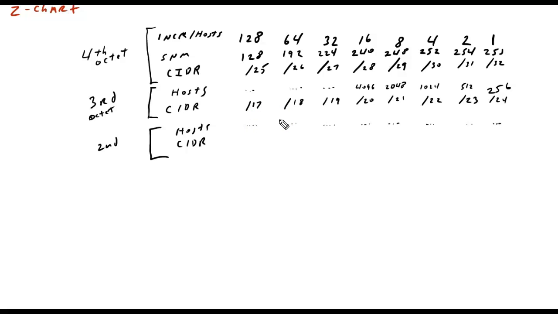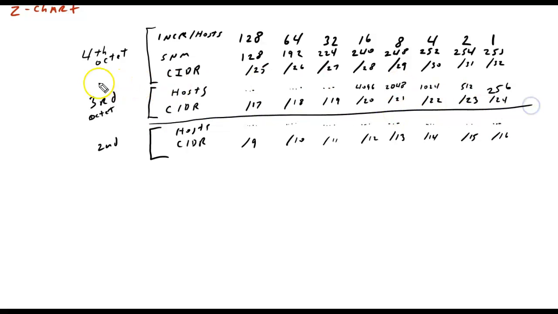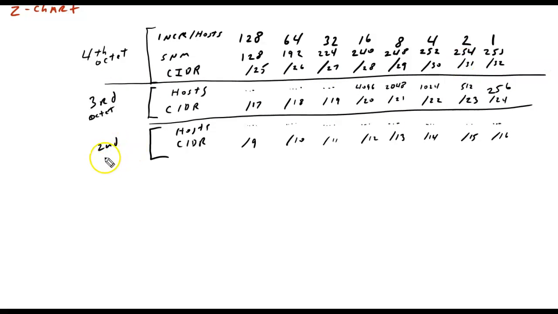And then the CIDRs, this would begin with 9, 10, 11, 12, 13, 14, 15, and 16. Now, just to make these easier to see, I'm going to go ahead and put these lines through here.